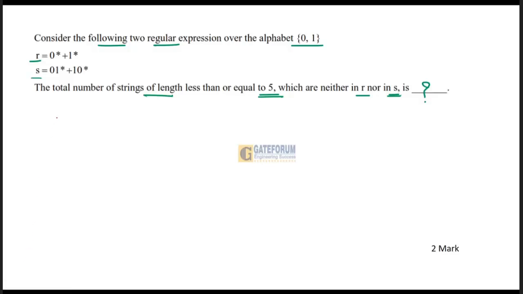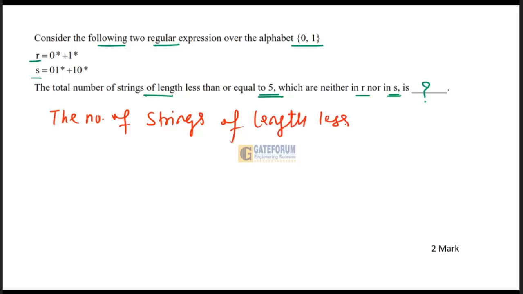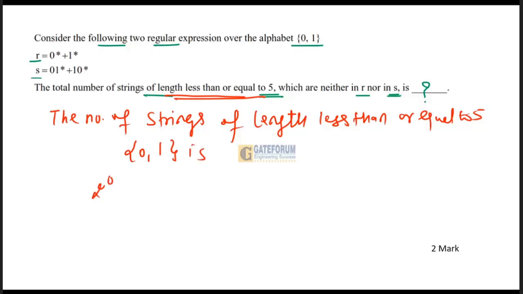The number of strings of length less than or equal to 5, according to the condition on 0 and 1, is 2 power 0 plus 2 power 1 plus 2 power 2 plus 2 power 3 plus 2 power 4, and plus 5, right? So that is what we are having for length equal to 5.